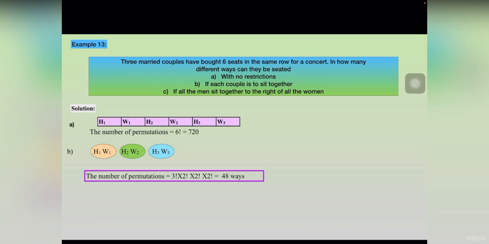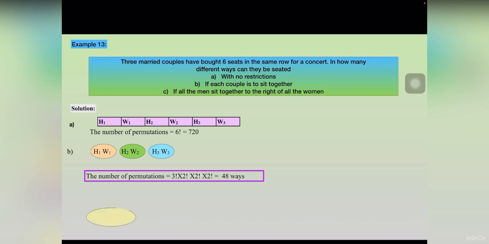The second husband and wife can also interchange places, and the third husband and wife can also change the position. So we have 3 factorial times 2 factorial times 2 factorial times 2 factorial. Altogether it is 48 ways.